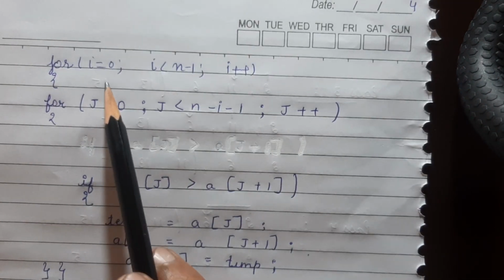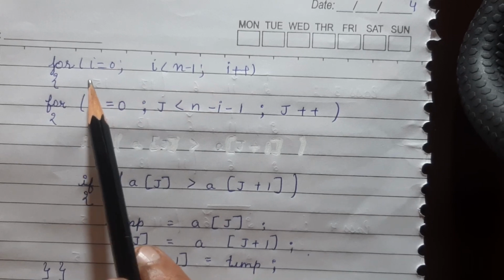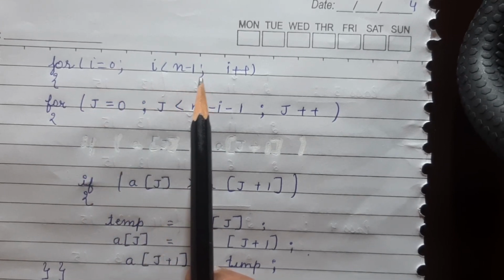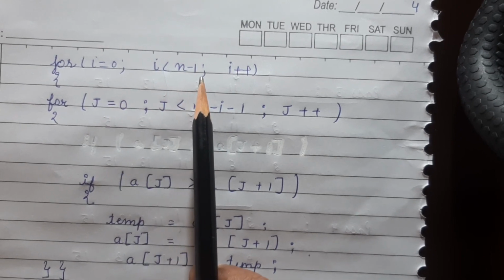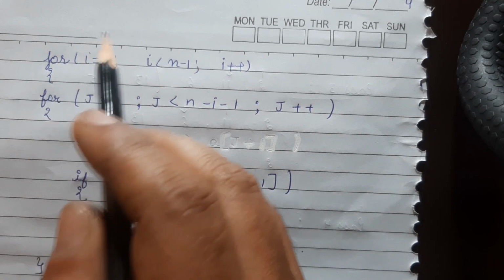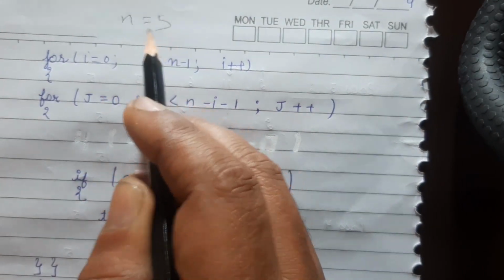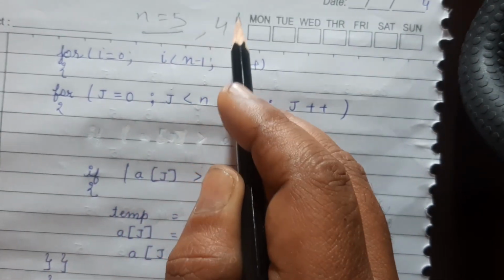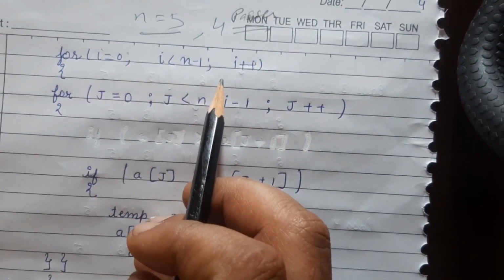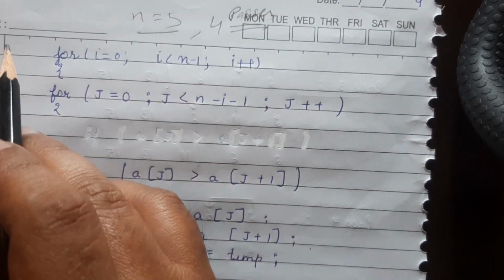Here, this outer for loop is used for implementing the number of passes. If n has a value 5, how many passes are required? 4 passes are required. It means this loop is executed 4 times.